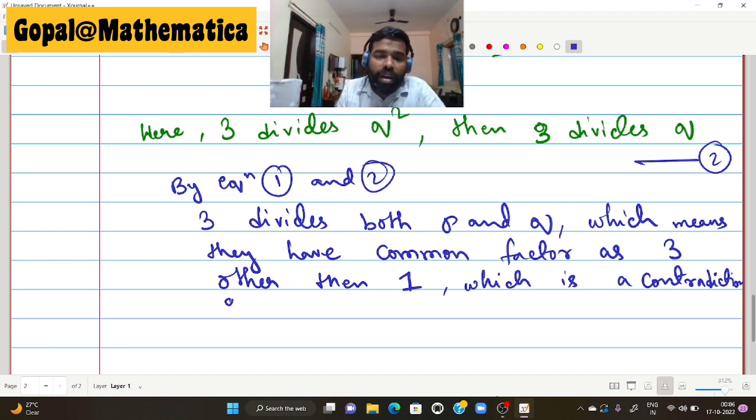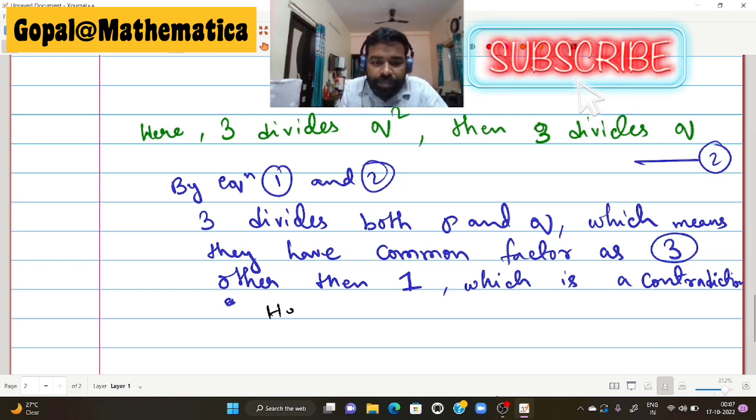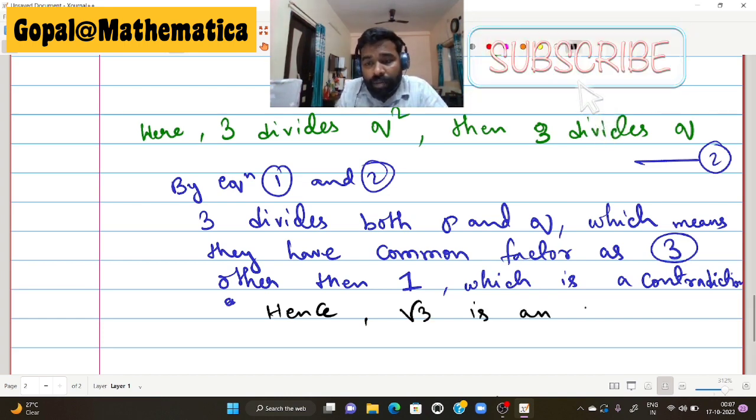By 1 and 2 we got that there is a common factor other than 1, that is 3, which is a contradiction. Contradiction means we are going against what we have taken. So hence root 3 is an irrational number.